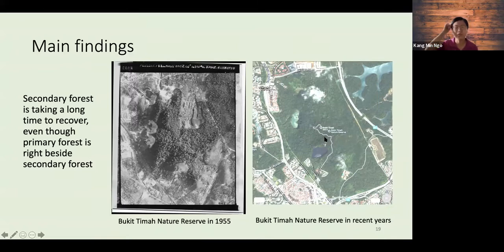From our current data that we are analyzing, we think that it will take at least more than 500 years or even more than 1,000 years for the old kampong and the old dairy farm to return to primary forest. Which means that the moment you lose your primary forest, it takes centuries or millennia to get back that primary forest, which is a long time.